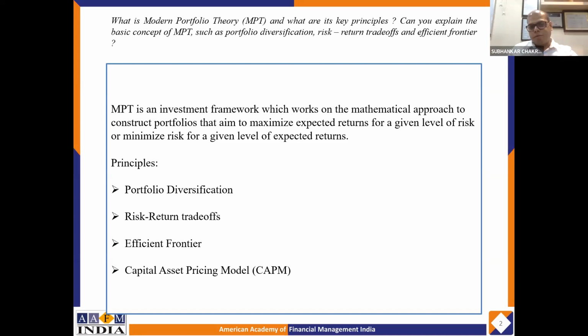Like we have discussed in our previous queries, if beta is greater than 1, your expected return should also be greater than the market return. That is what CAPM helps you to estimate: for a given level of risk, what is the expected return. The CAPM formula helps you to identify that.